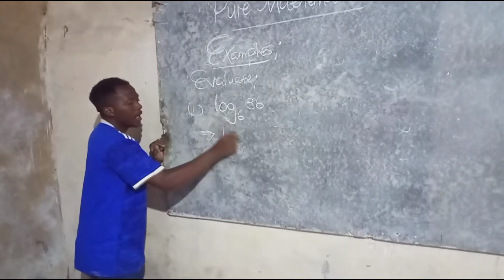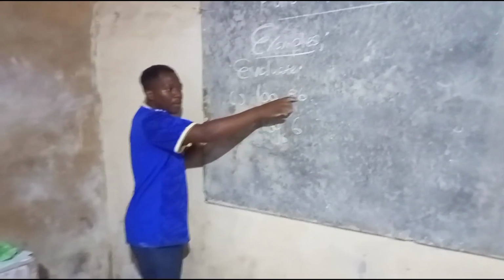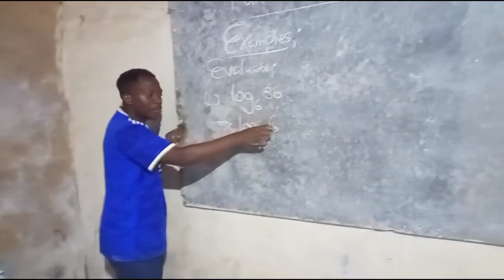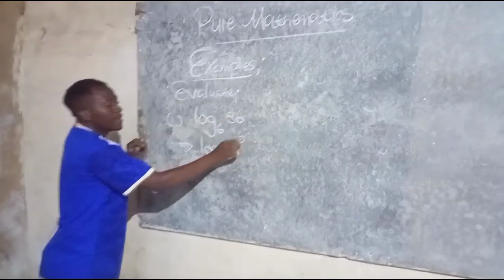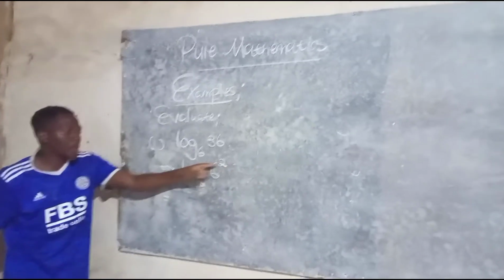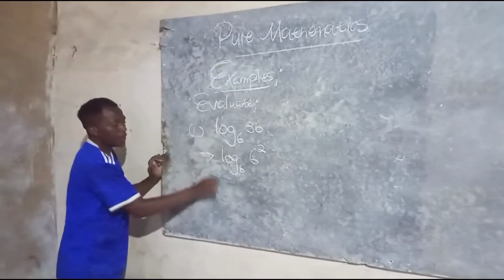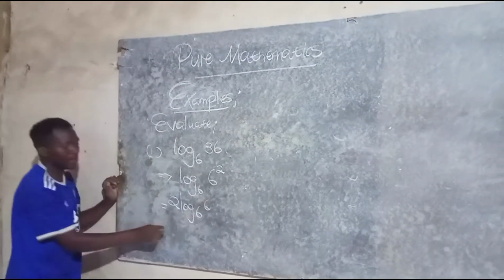So we say log 6, and where there is 36, we say it can be represented with 6. How many times can this 6 be multiplied to get 36? It's twice. Then the power comes in front of the log, so it will be 2, then log 6 of 6.